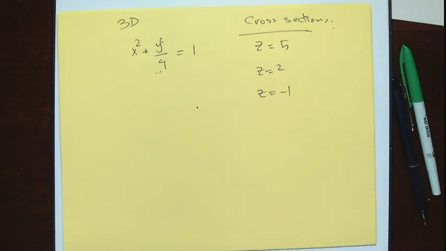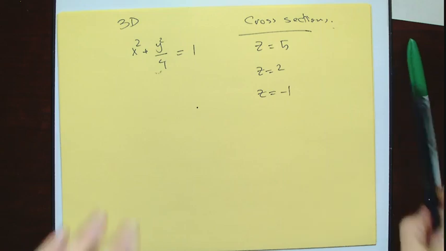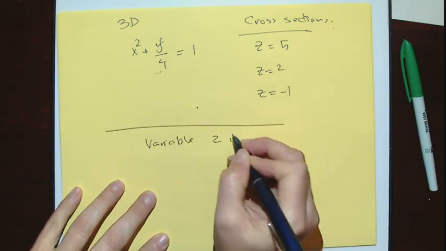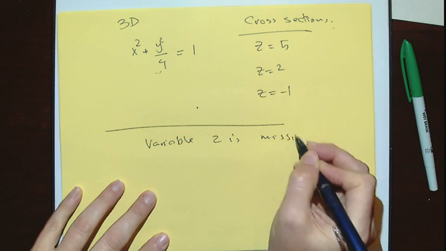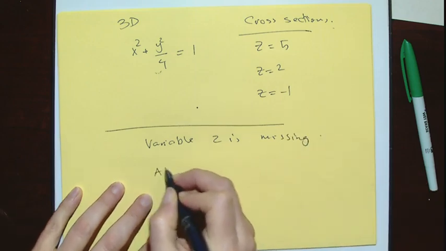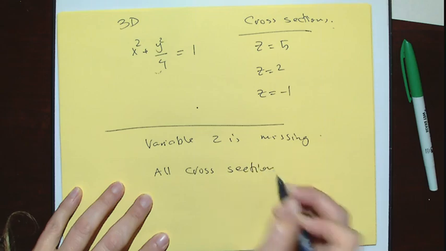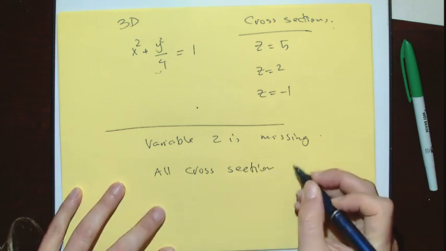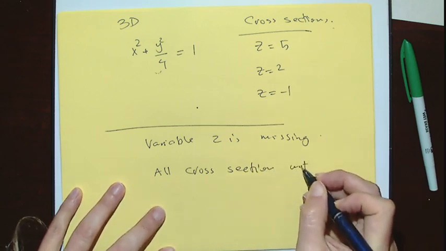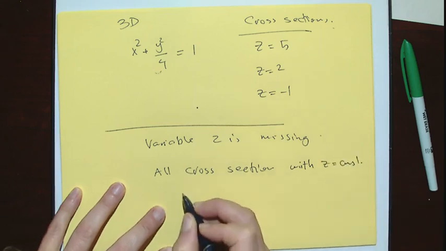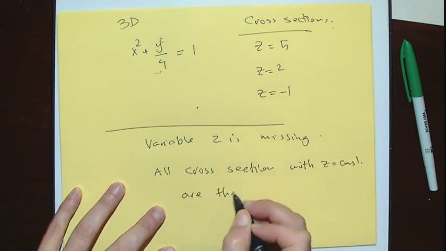So let me write down one little thing. Variable z is missing. All cross sections, width, that's a width, z equal to constant, are the same.